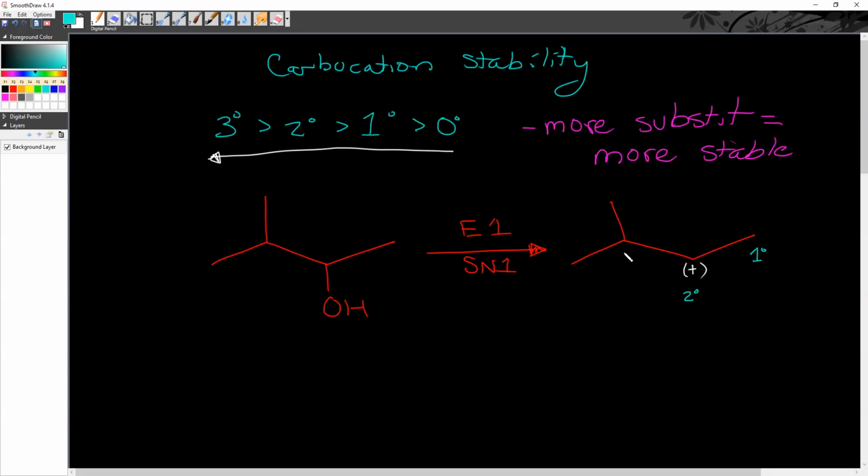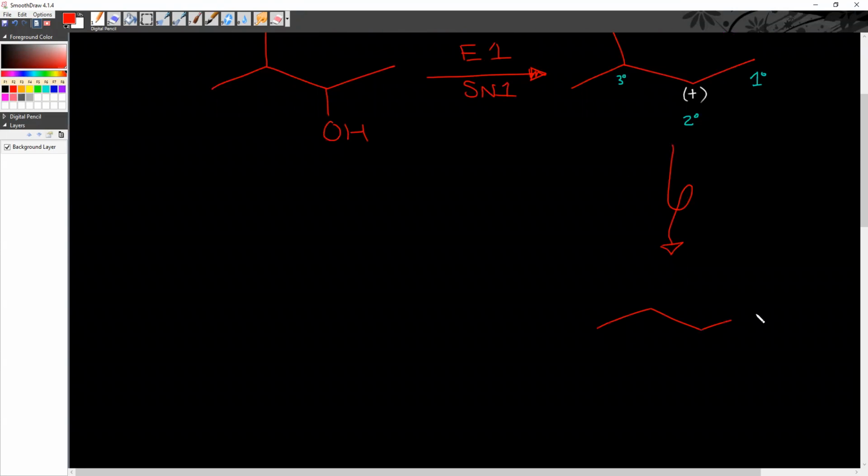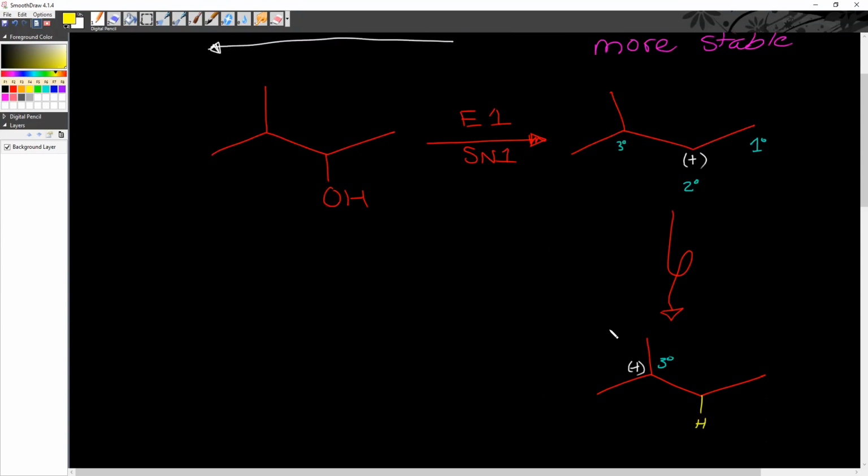If it moved to the left, it would be tertiary. Obviously tertiary is way more stable than secondary, so it's going to rearrange so that the positive charge ends up over here. Now we're at this tertiary carbocation, and what we've done is move a hydrogen. Now that we're at a tertiary carbocation, we're done.